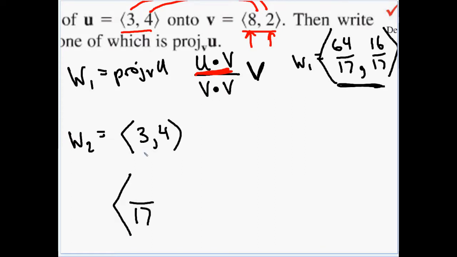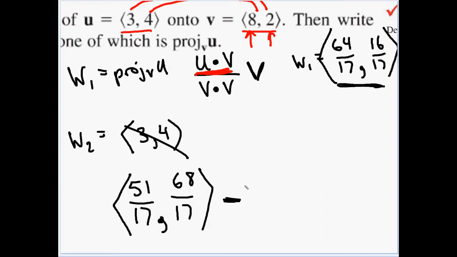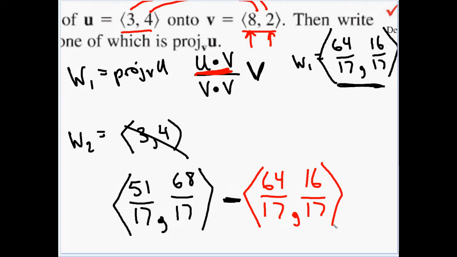That would be 51 17ths. And then for 4 times 17 is 68. That becomes 68 17ths. And from that, we're going to subtract the vector component 1 that we found previously. 64 17ths, comma 16 17ths.